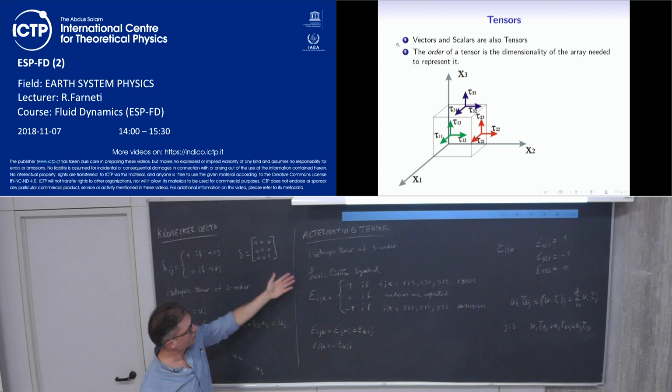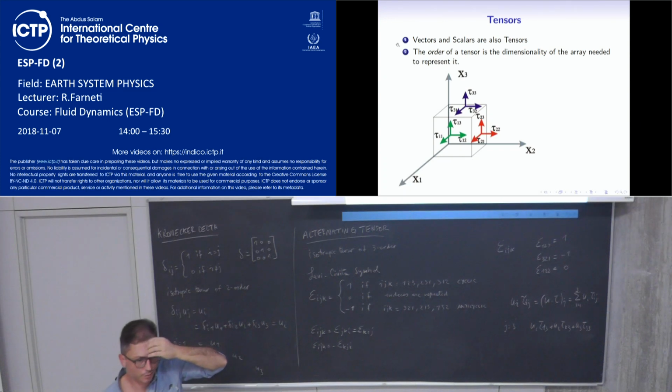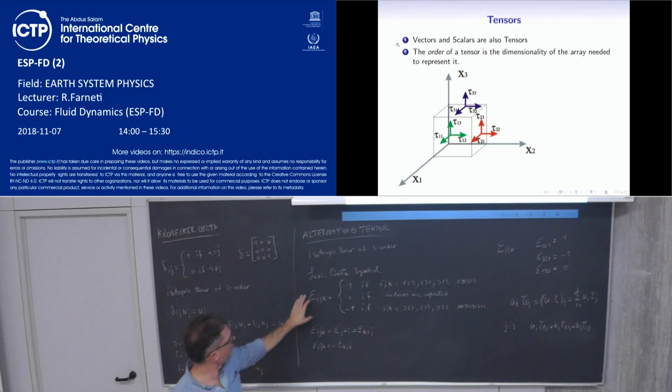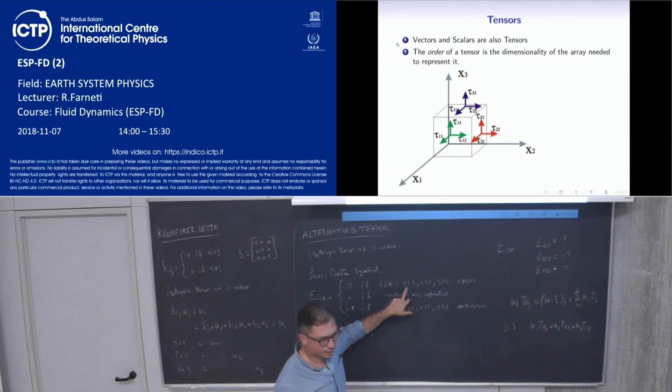In a third order tensor, you have this particular tensor called the alternating tensor, okay, which is isotropic and is equal to this. So if the indices are cyclic, 1, 2, 3, 2, 3, 1, 3, 1, 2, the tensor is equal to 1. If it's anticyclic, 3, 2, 1, then it's equal to minus 1. And if indices are repeated, it's equal to 0.